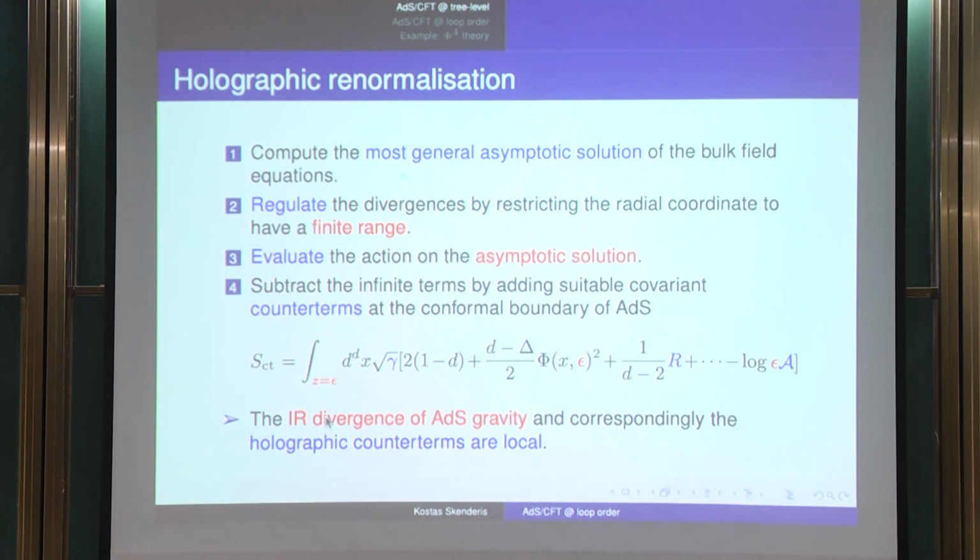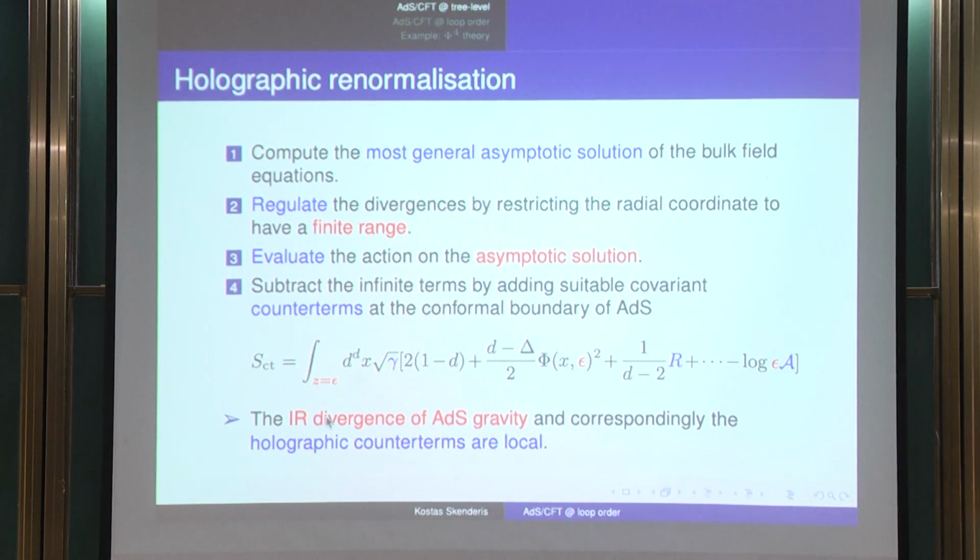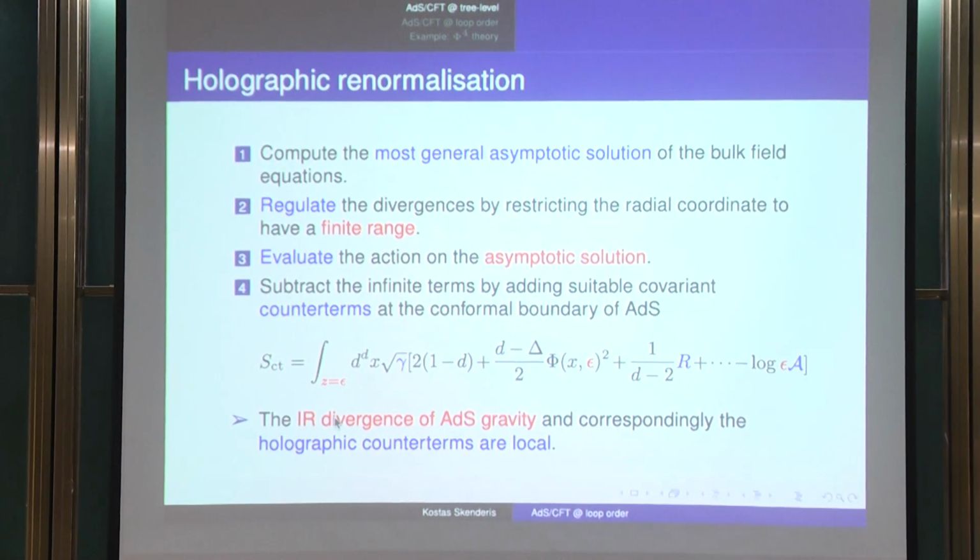And that consists of the following 4 steps. So the first step is to compute the most general asymptotic solution of the bulk equations of motion. Now, the fact that this is possible is special to AdS and a cosmological constant. It's true both for negative and positive cosmological constant, but the answer is not fully known for other cases.